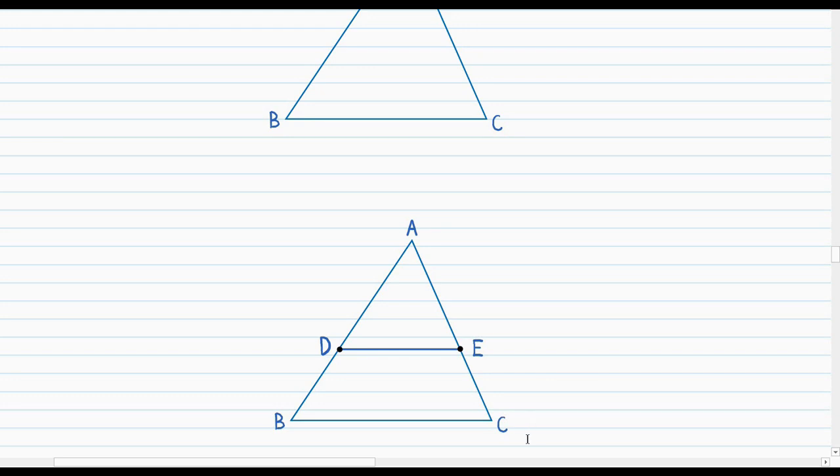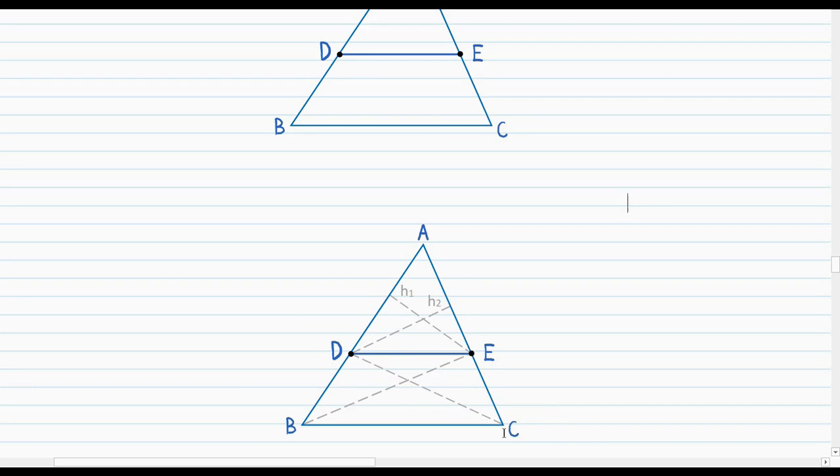The first 2 of these are by joining D to C and B to E, and the other 2 are by drawing a line perpendicular to line AD and connecting to point E, and another perpendicular to line AE and connecting to point D, which will look like, so that's the line joining DC, and that's the line joining E to B, and this is the line perpendicular to AD and connecting at E, which I've named as H1, and this is the line perpendicular to AE and connecting to D, which I've named as H2.